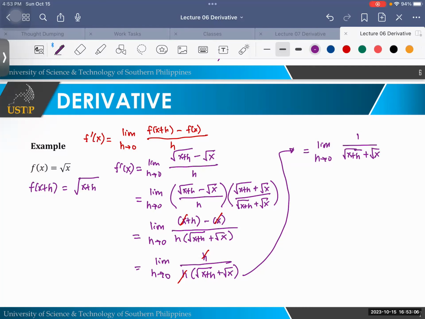So, we can plug in the value of h, which is 0. That is 1 over square root of x plus 0 plus square root of x. Now, this will become just square root of x, plus square root of x, so that would be 1 over 2 square root of x. This is now your derivative of the function.